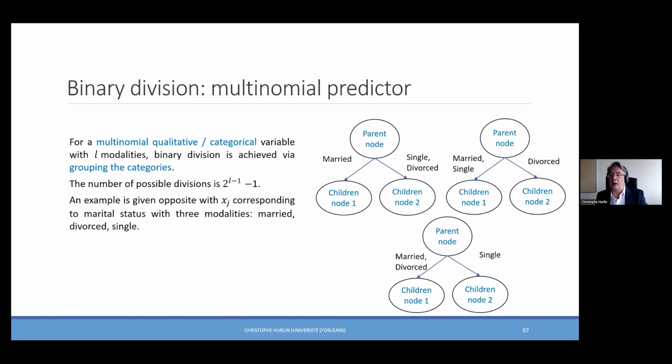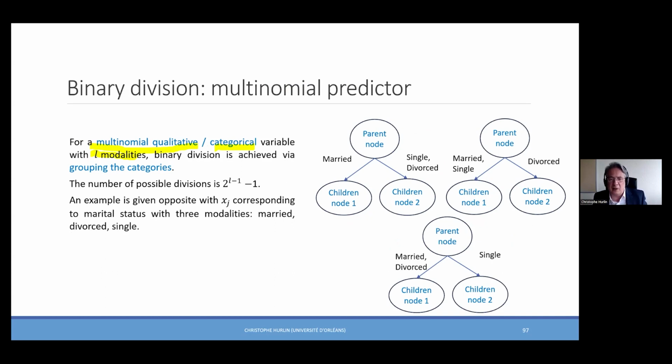If my variable is multinomial, categorical, qualitative, for instance if I have L modalities, then there are many possibilities to group the modalities for a binary division.